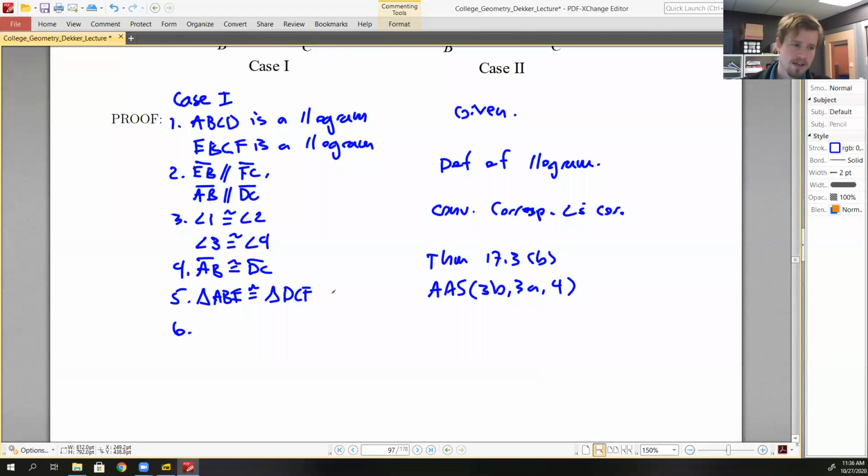Once we have that the triangles are congruent, we get that desired sameness or equality in their areas. So the area of triangle ABE is equal to the area of triangle DCF, and this is by the area congruence postulate.